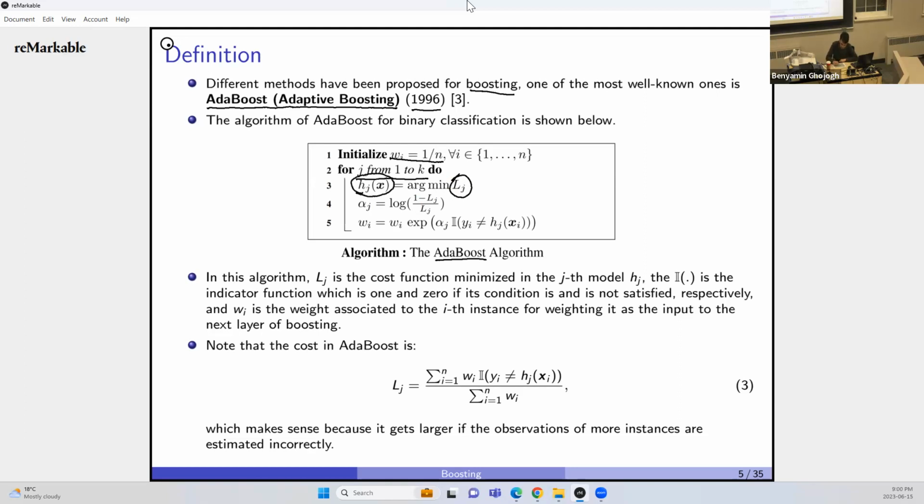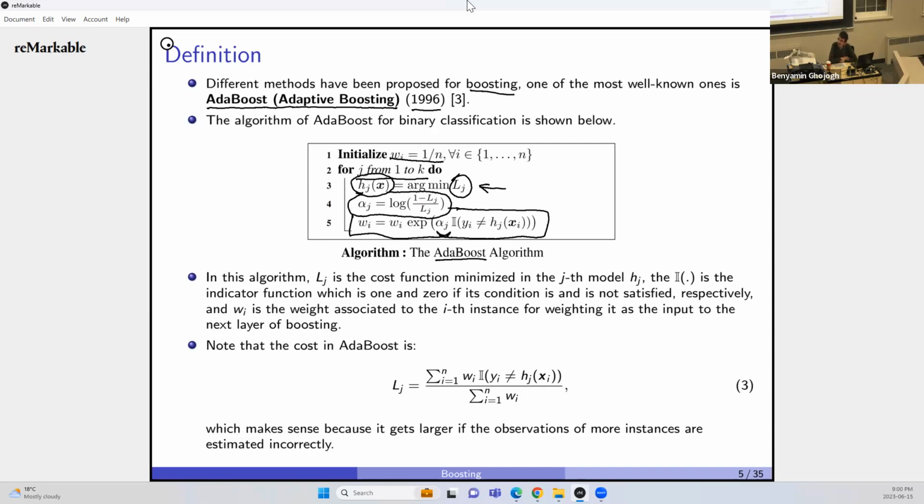In other words, H_j solves this optimization problem: it minimizes some loss function L_j. Then I define some alpha_j, which is log of (1 minus L_j) over L_j. We will prove all of this. What is alpha_j? Some weights used here.